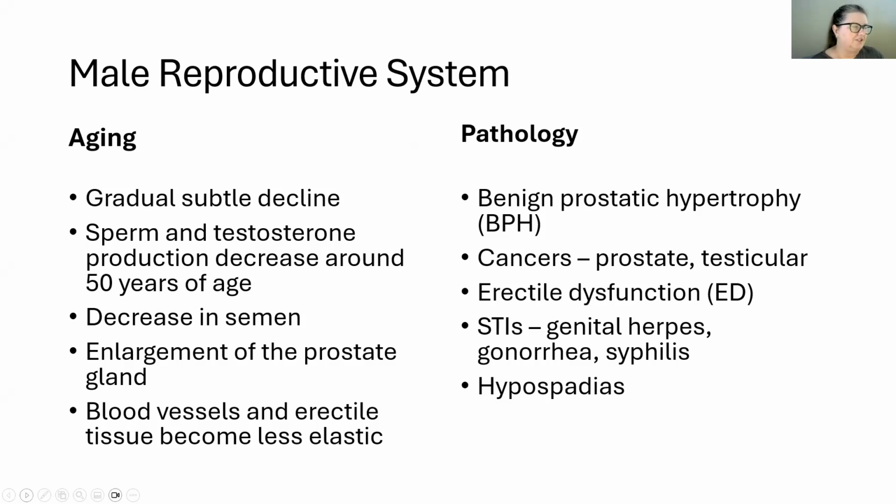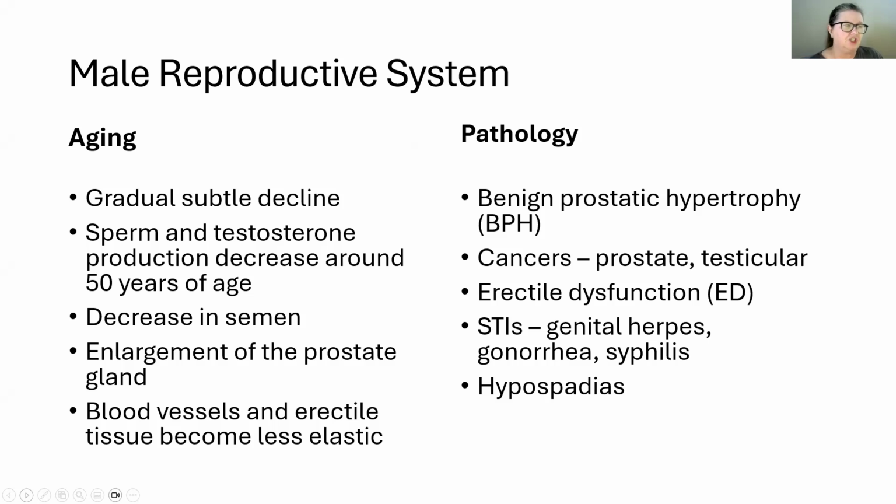Blood vessels and erectile tissue become less elastic, so it's harder to achieve and or maintain an erection as a man ages. So these are just all kind of things that go with aging. There's nothing, you know, that a man does to cause this to happen. It's just part of getting older.